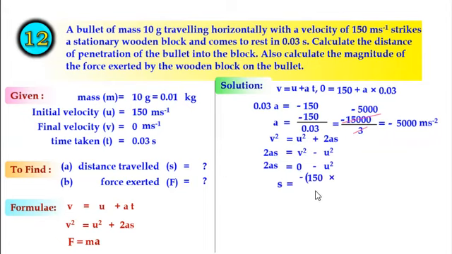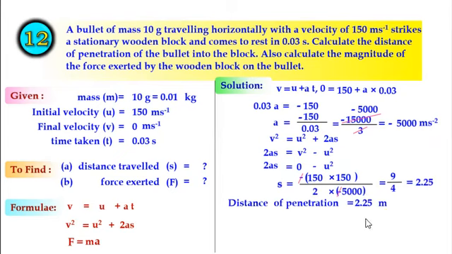And here what we'll get? 150 into 150, that is U square only, by 2 into A is 5,000. Here you can cancel two zeros and minus gets cancelled. And 15 into 15 is 225. So final answer you got 9 by 4 after simplifying this. 9 by 4 is what? 2.25 meters.